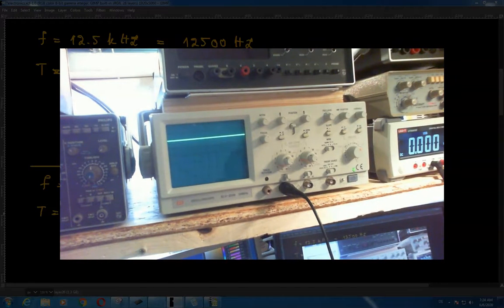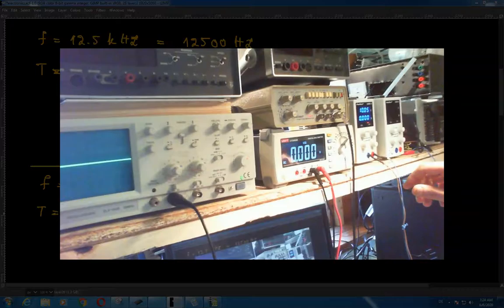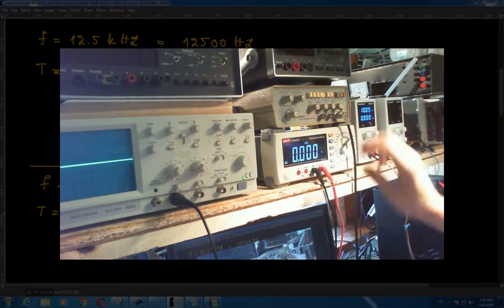It doesn't change, right? So now if I switch to an AC signal, I connect the input of the oscilloscope to this output over here.